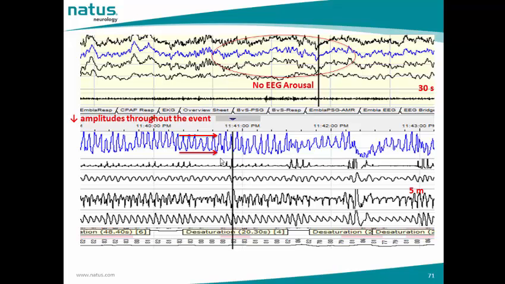If we look at the PTT signal, which is on the top, we can see that there is no significant change in the amplitudes of the PTT throughout the event. Which means that when there is no EEG arousal, there will be no significant change in the PTT amplitudes.